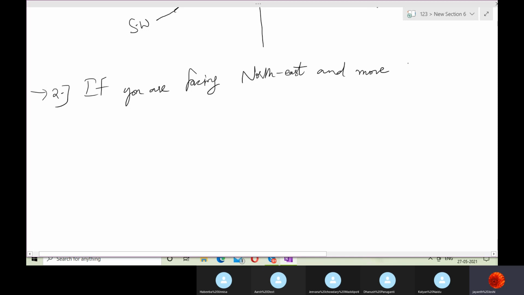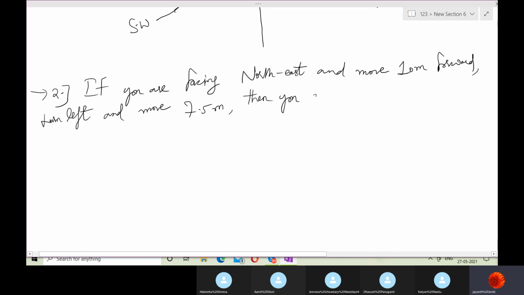If you are facing northeast and move 10 meters forward, turn left and move 7.5 meters, then you are dash.